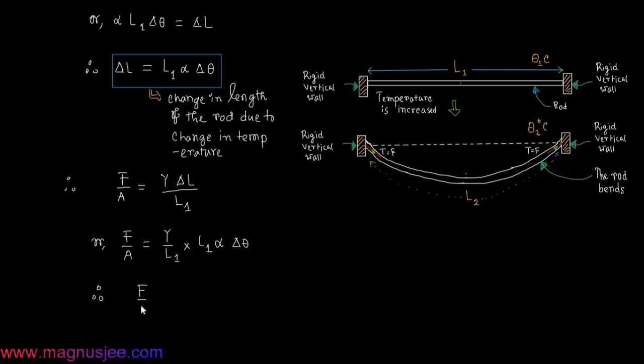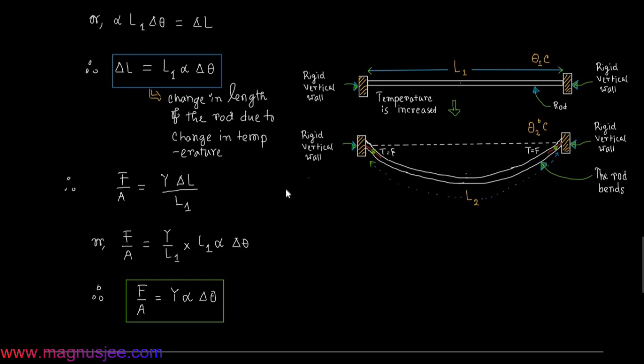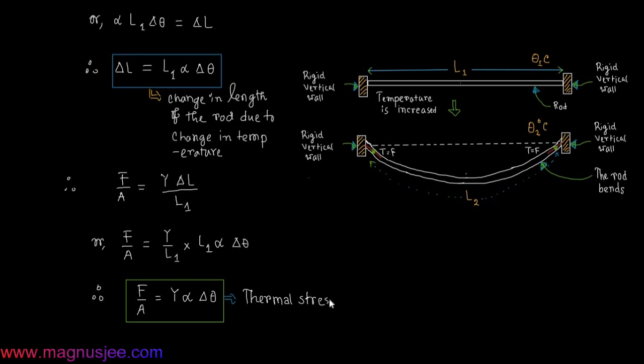So therefore, F by A equal Y alpha delta theta, where Y is the Young's modulus of the rod, alpha is temperature coefficient of linear expansion, and delta theta is the change in temperature of the rod.